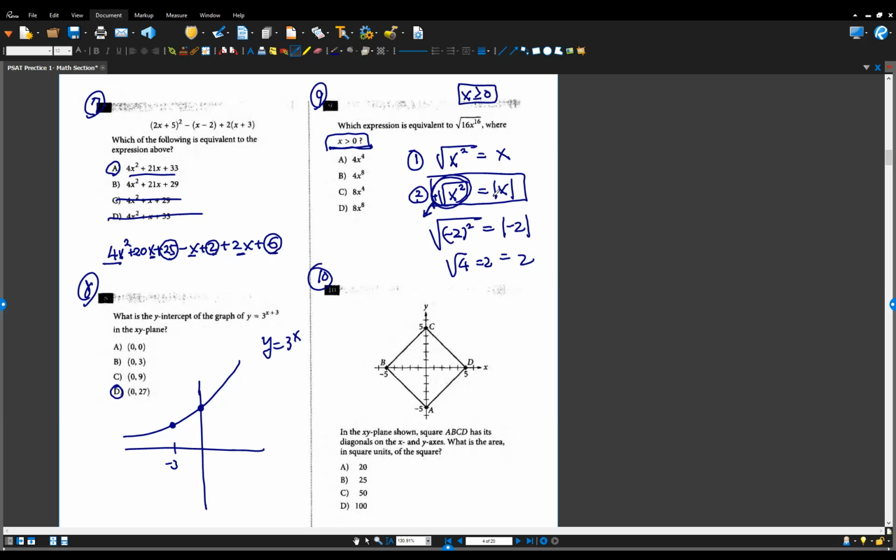Principal square root must always be positive, not negative square root. Okay, you gotta check this one. But this is okay. They said x is positive, so we don't need the absolute value because this is already positive. Okay, now give me the answer to number 9.